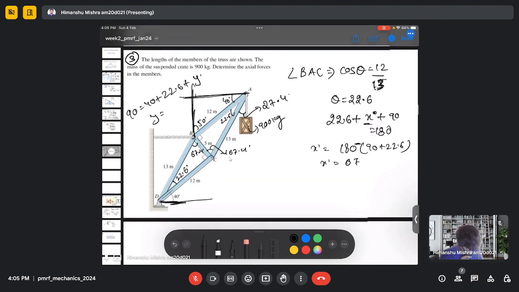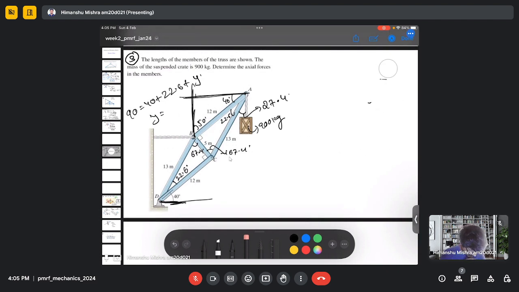So now we have some idea about the angles here, we can consider each joint. So first consider joint A. This is joint A. This is 27.4.